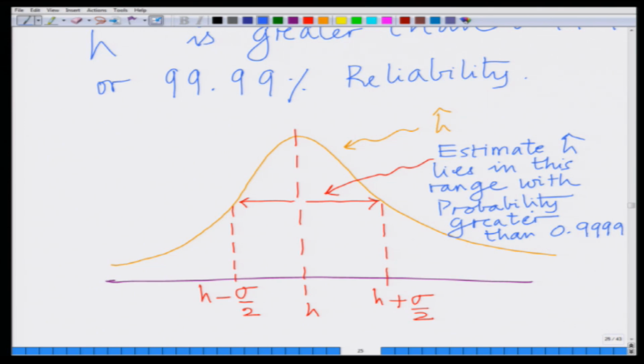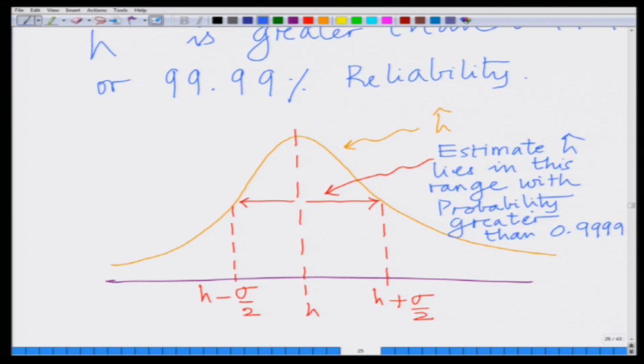So we are asking for the probability that the estimate H hat lies within a radius sigma by 2 of the true parameter H to be greater than 0.9999, or 99.99% of the time.